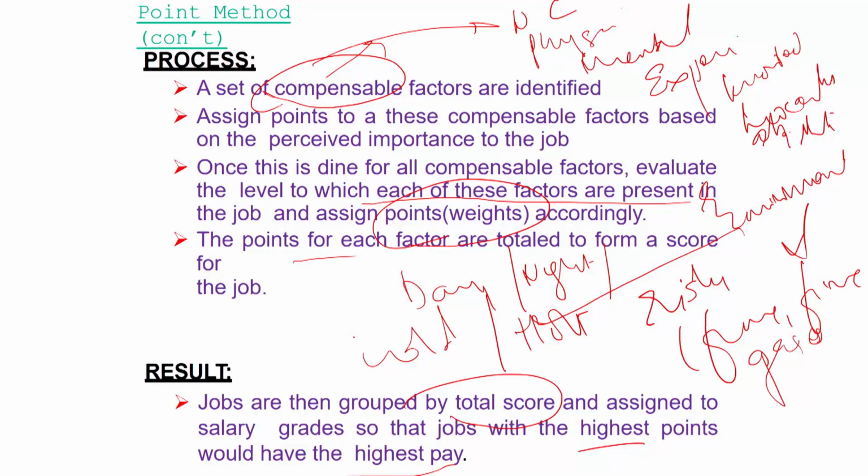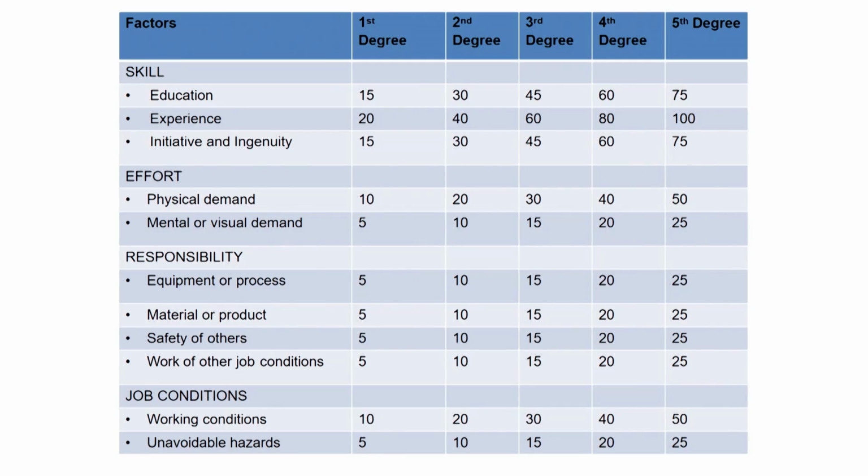Naturally, if we have compensable factors and different weights have been assigned to them, then any job which has the highest number of points needs more salary as compared to the others. Look at this: first degree, second degree, third degree, fourth degree, fifth degree.